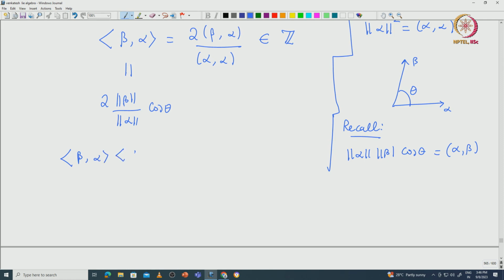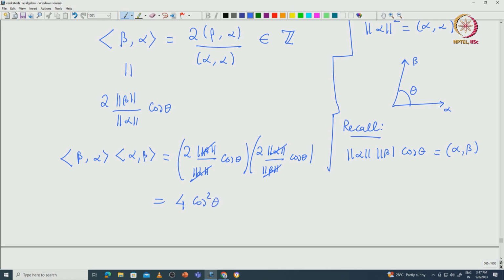We get twice norm β divided by norm α times cosine θ, and since the angle between α and β is the same, this is multiplied by twice norm α divided by norm β times cosine θ. Then we cancel things and see that this is 4 times cosine squared θ.